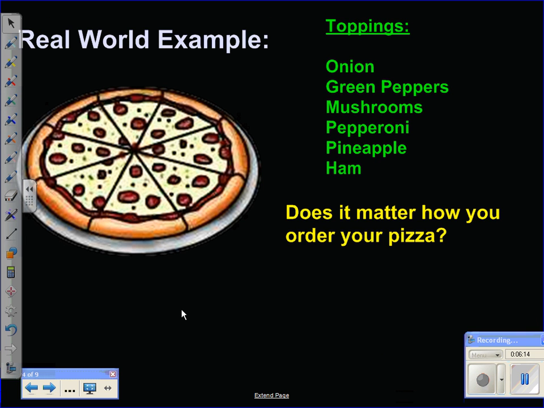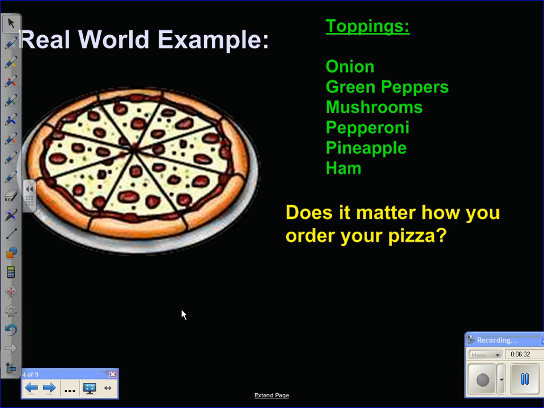So where is this going to be in the real world? Well, the greatest example I can think of is a pizza. When we go and we see the toppings, onions, green peppers, mushrooms, pepperoni, pineapple, and ham, does it matter how you order it? Well, you've got to order the toppings you want.